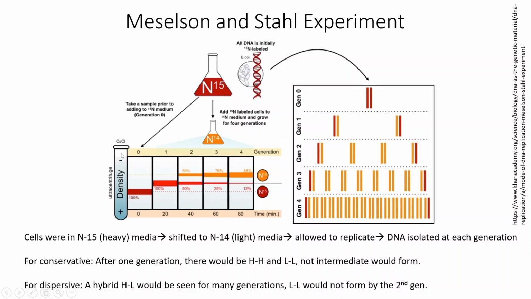You will have different densities of DNA, which means how much of the heavy nitrogen it has incorporated, and they will be separated out accordingly.